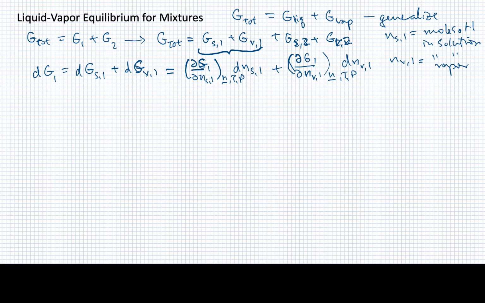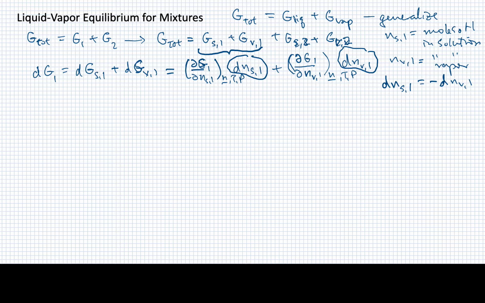All right, so this way I can track how much stuff is in the solution phase and in the vapor phase. But notice that these two have to be related to one another. I can't convert component 1 into component 2 when it goes into the vapor phase. So in fact, I'm always going to have a relationship that says the change in the number of moles in the solution phase is always the negative of the change in moles in the vapor phase. So I'm directly converting one into the other.